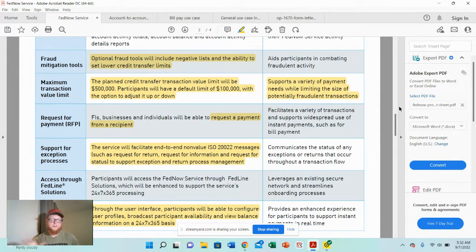That's pretty much one of the major selling points for CBDC. And any time you see any type of, I wouldn't even call it monetary reform, I don't think that's the right way to put it, but they're always talking about fraud. And basically, my thing is it says optional fraud tools will include negative lists, which to me sounds like a blacklist, right? To where there's certain institutions or entities that aren't allowed to use such service or certain things.